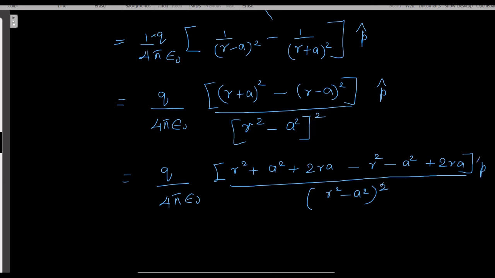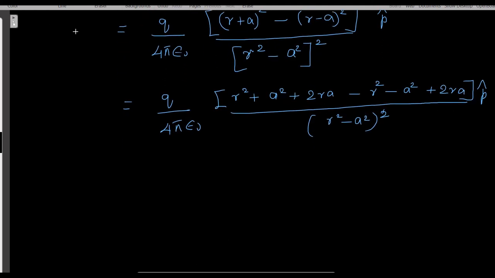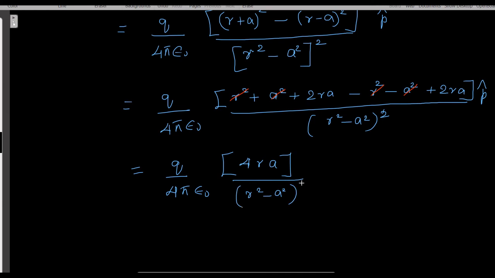So we put the unit vector P here. Now solve it. We know R square minus R square cancelled, a square minus a square cancelled. Ultimately, we get the result as Q by 4 pi epsilon naught into 2Ra plus 2Ra, which is 4Ra, whole divided by (R square minus a square) whole square into unit vector P.